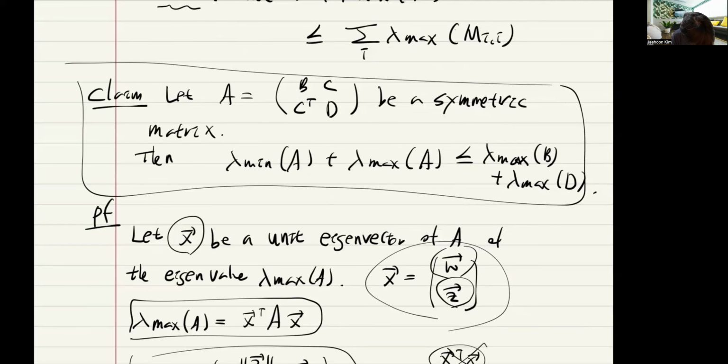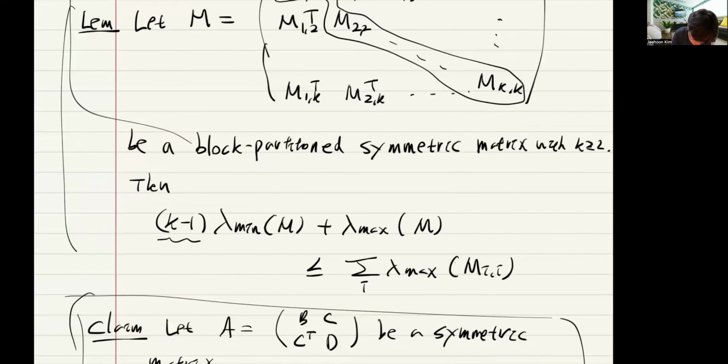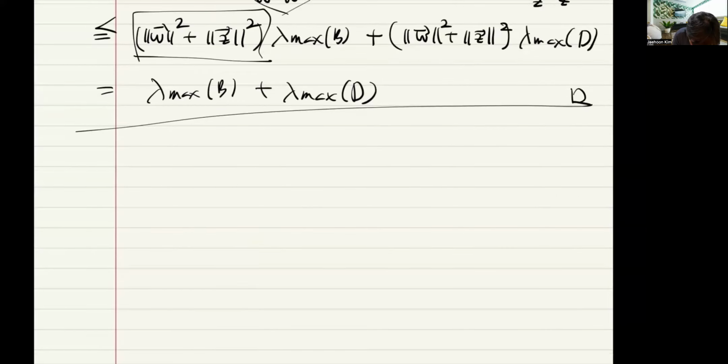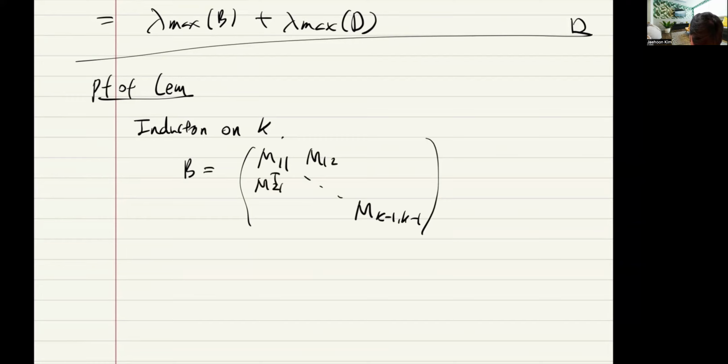Now we can apply this claim to prove this lemma. Again, we use induction. The proof of the lemma is induction on K. Assume B is the part that you have, M11 to M K minus 1, K minus 1, and there are remaining parts.